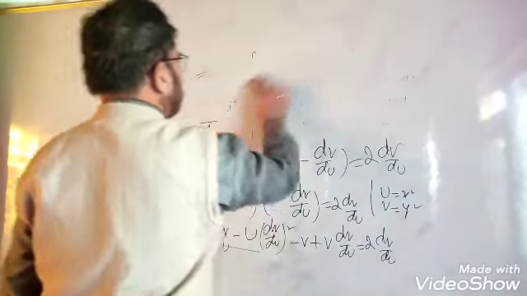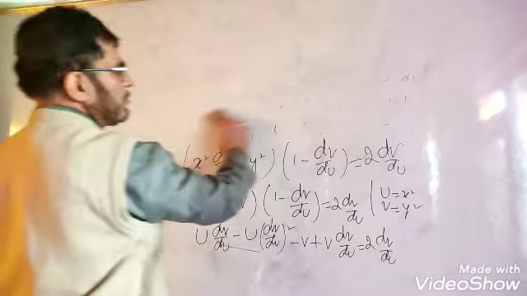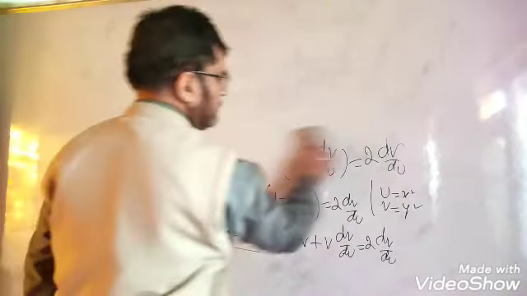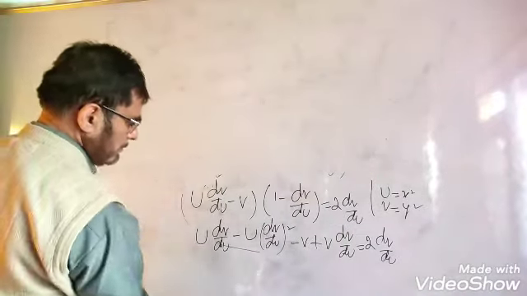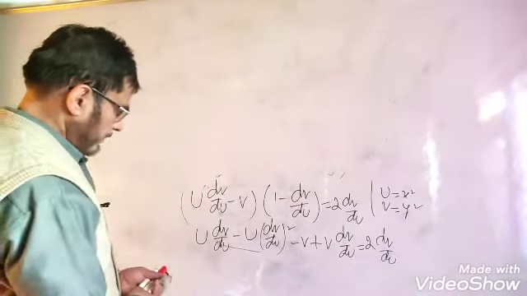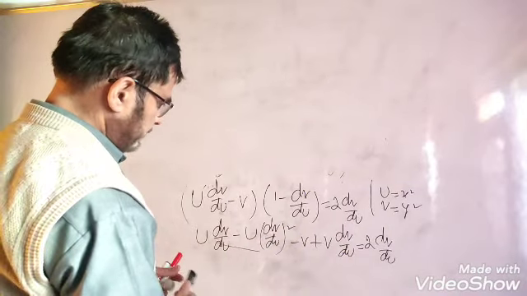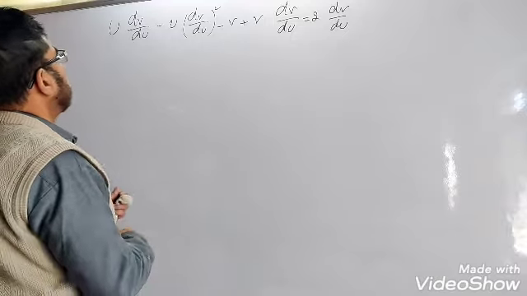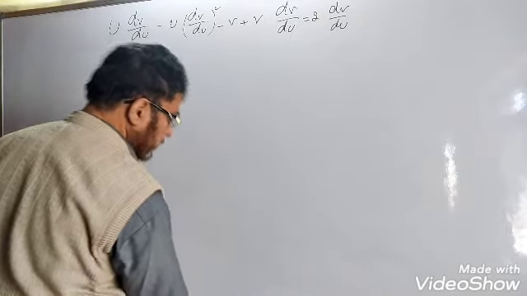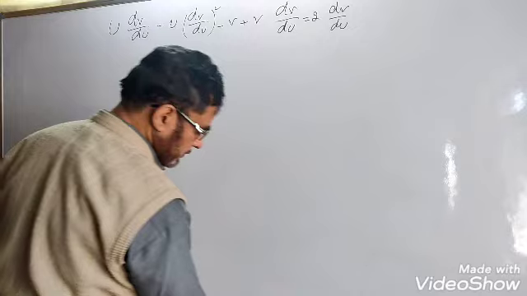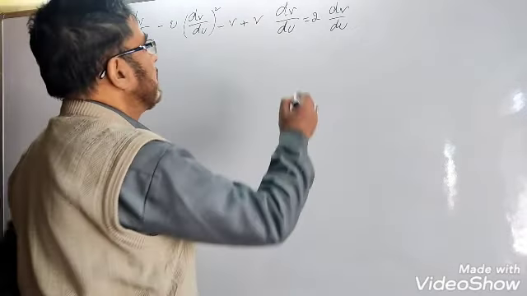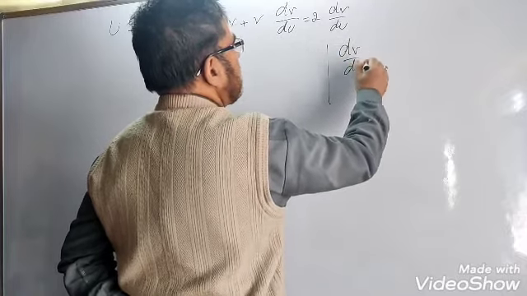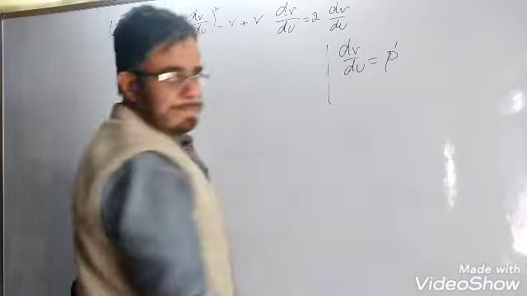Now let us see, can it be reduced into Clairaut's form? We replace dv by du by p dash.